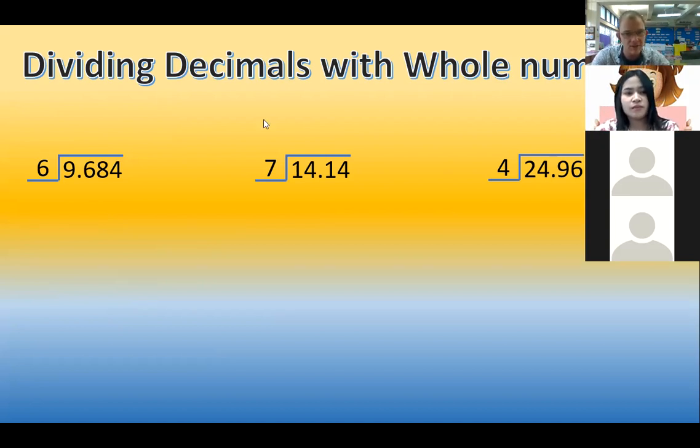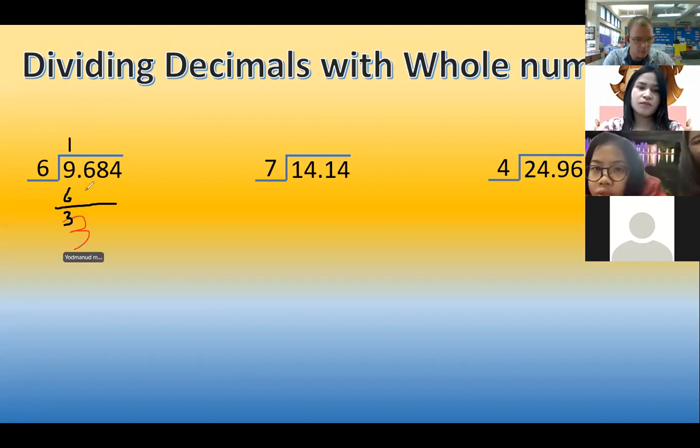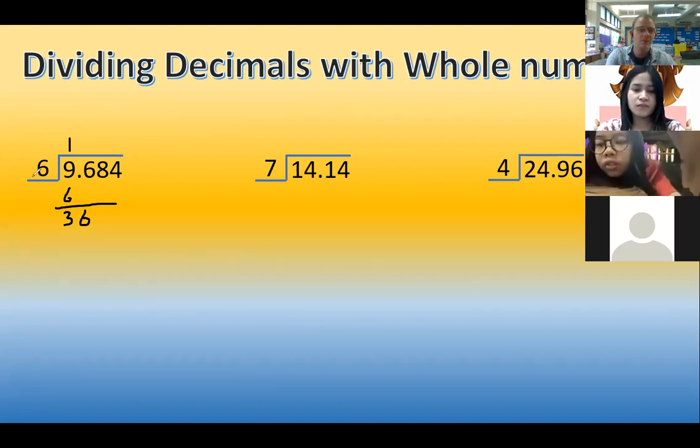So the first one, let's have an example. Normal long division. What is 6 divided by 9? How many times does 6 go into 9? 1. So 1 times 6 equals 6. That leaves 3. We bring down the 6. Just wait a little bit; I will allow you to draw it in a moment.